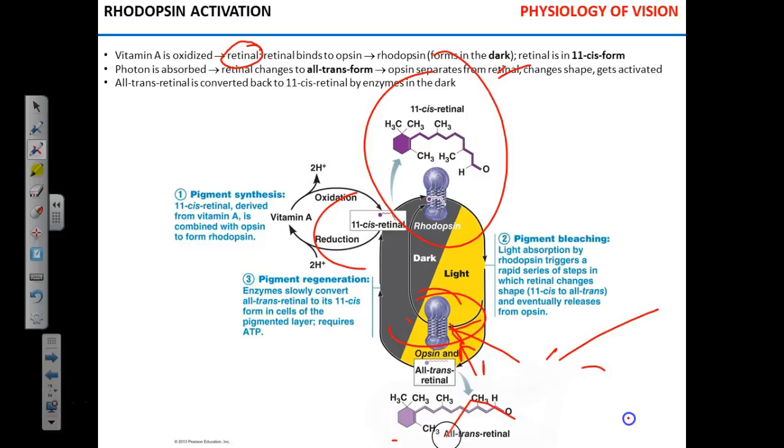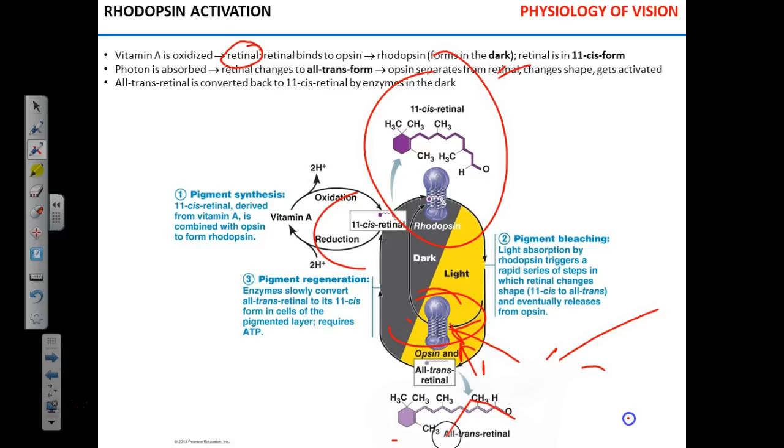Do you see what I'm trying to say? Look again, me, 11-cis. I'm opsin. So we form a happy rod opsin. We can absorb light. It's not so much me, it's this molecule that can absorb light. When it absorbs light, it changes to all-trans and dissociates from me.